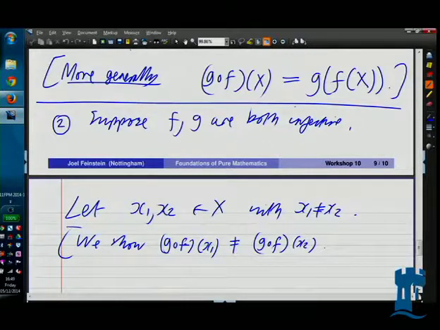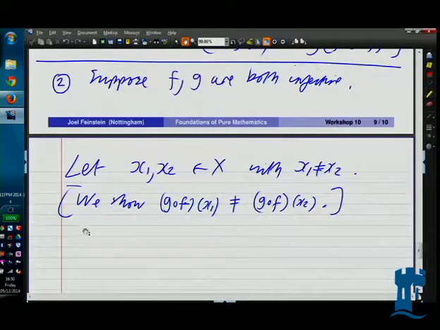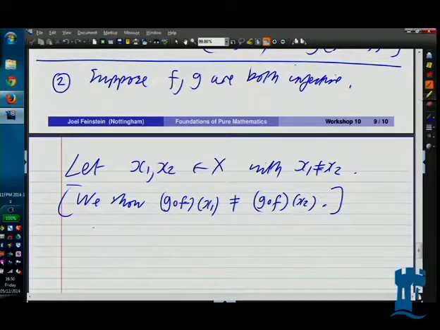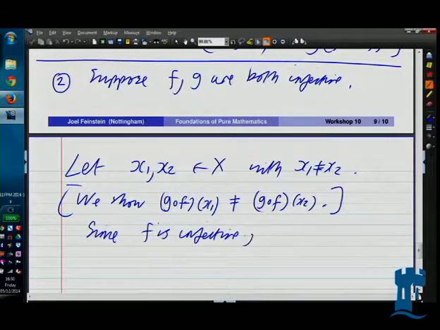Of course, that's talking about g of f of x1 and g of f of x2, because that's what composite does. And we know that f is injective. Since f is injective, we have f of x1 is not equal to f of x2. x1 and x2 are different, so f of x1 and f of x2 are different.